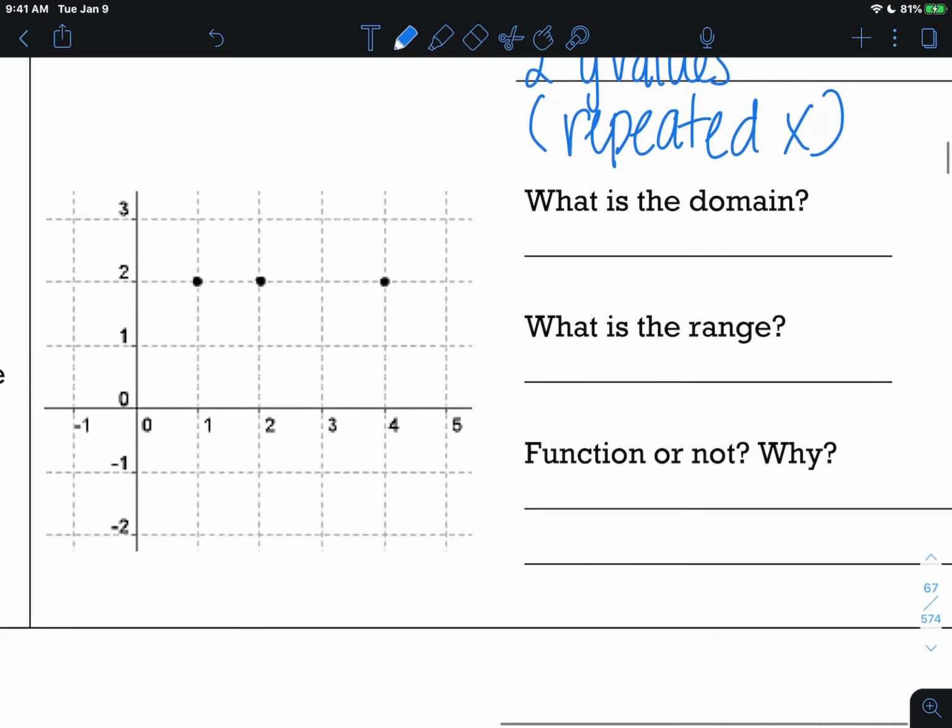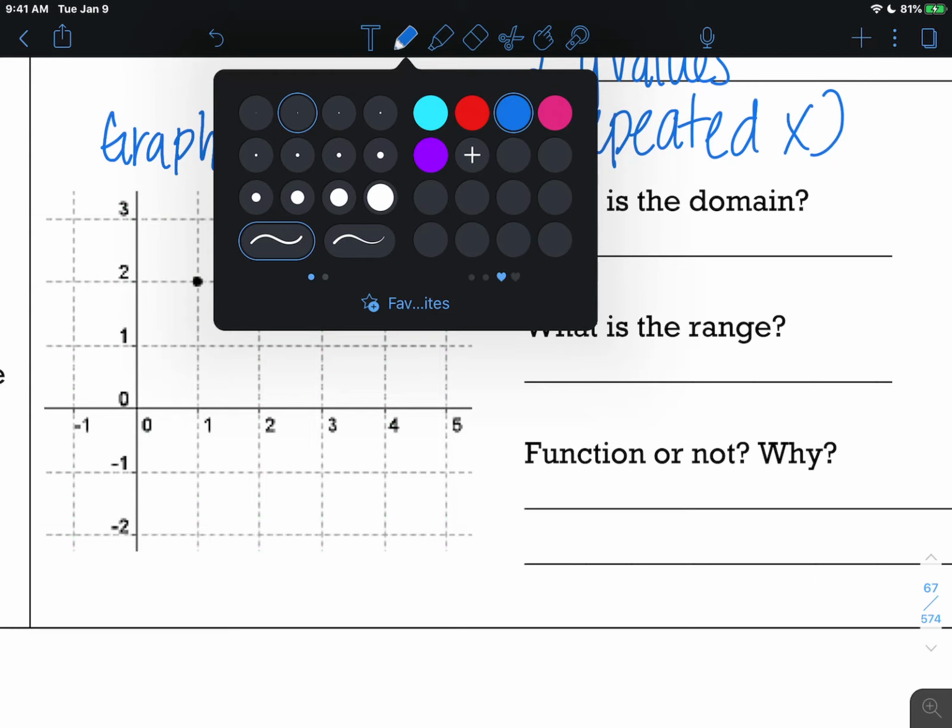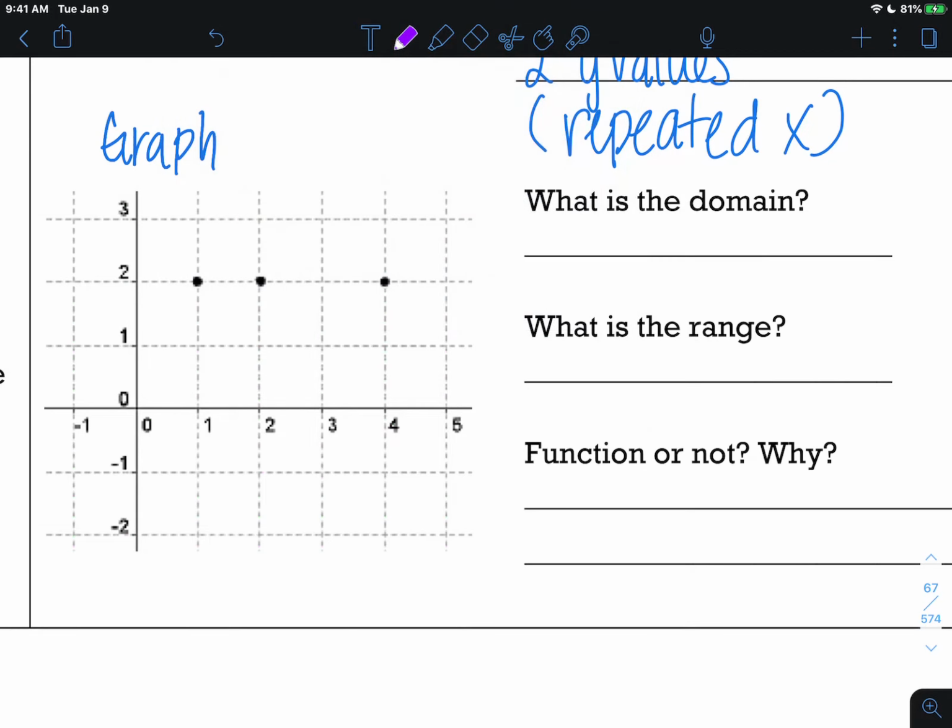All right, let's take a look at this one. Okay, here we have one on a graph. So this is going to be something a little bit different, right? But I'm going to make it as easy as possible. So first thing, they're asking me, what is my domain? So first, I'm going to take each one of these points, and sometimes I do this on my paper, I draw a line down to my x-axis.